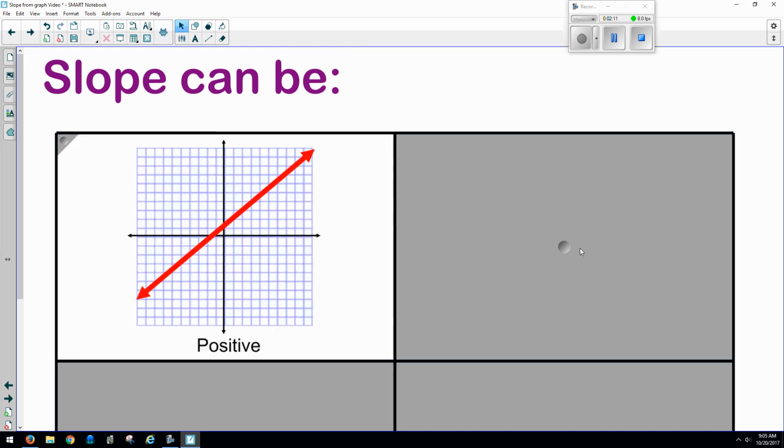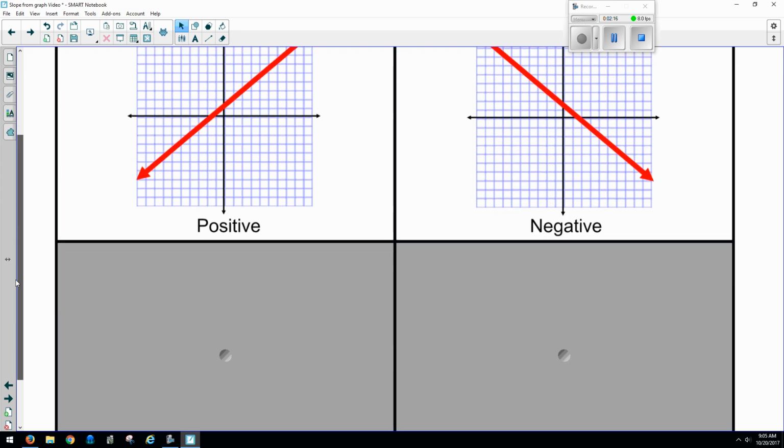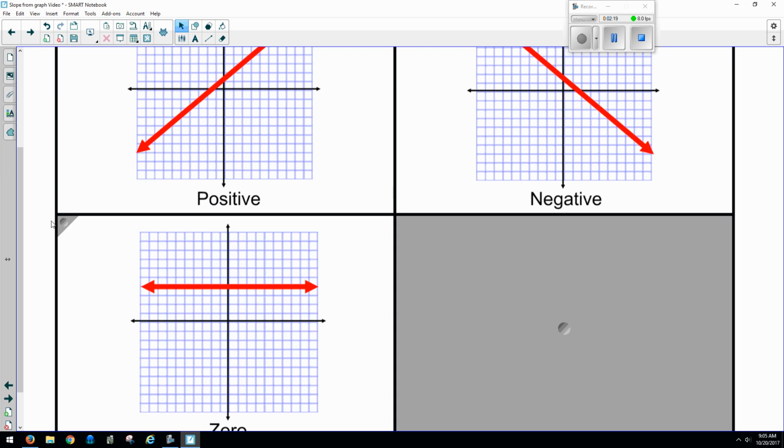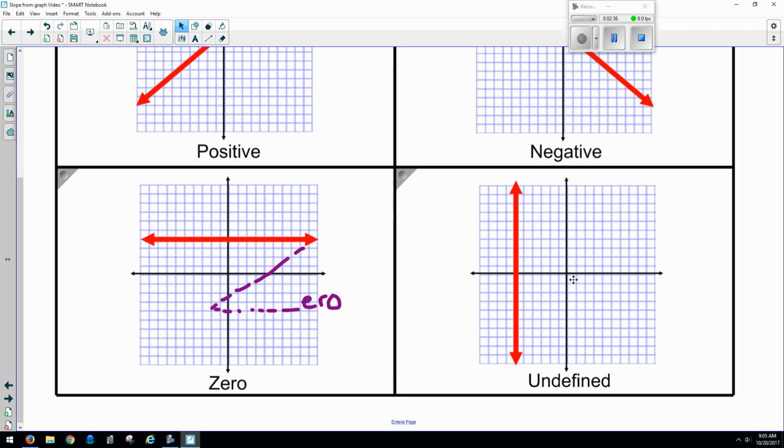Slope can either be positive, going up from left to right, negative, going down from left to right, zero slope, and the way I like to remember this is a horizontal line can be turned into a Z for 0. And last but not least, undefined. And this straight line, this vertical line right here, can be turned into a U for undefined.